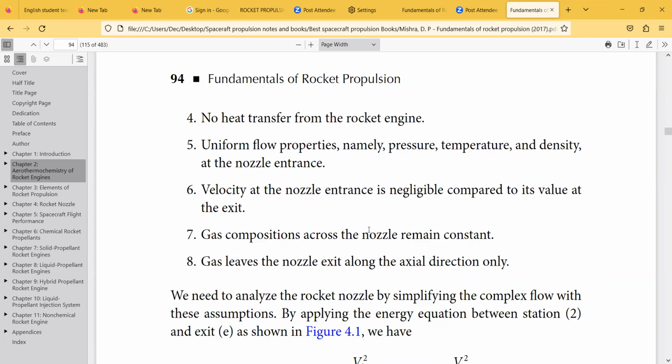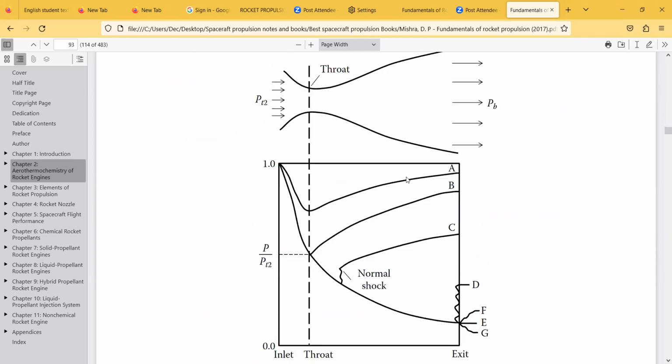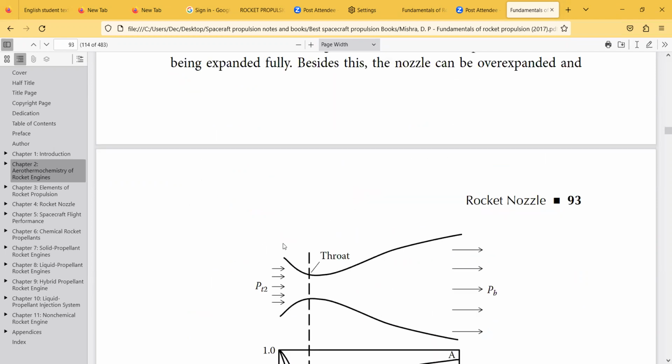The fifth one is uniform flow properties. These properties are the pressure, temperature, and density at the nozzle entrance. Nozzle entrance means, as I told you, this position. This PT2 means the nozzle entrance pressure, which is high pressure here.